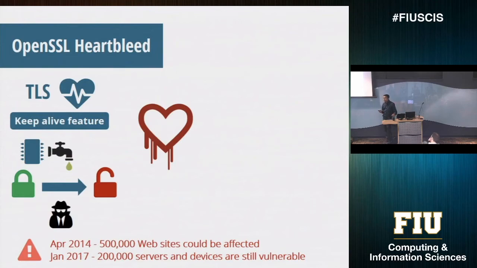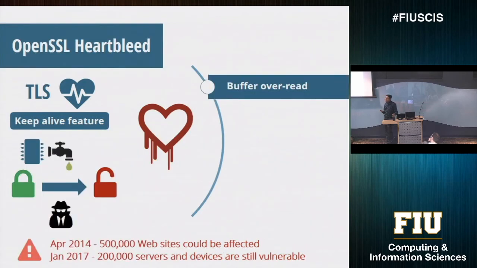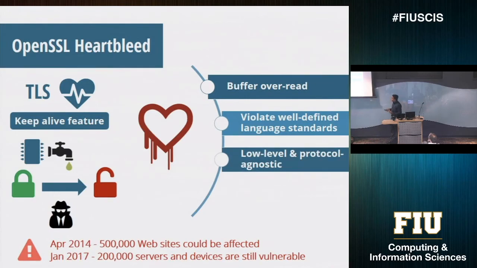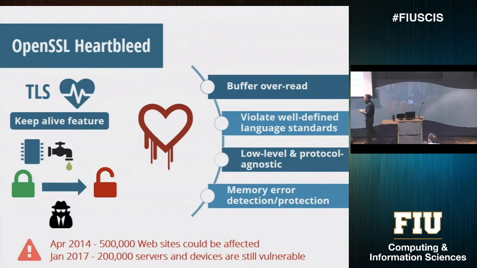If we take a closer look at this bug, it's essentially a buffer overread vulnerability. It violates well-defined language standards, and it is low-level and protocol agnostic. Therefore, you can defend against this kind of bug using some kind of memory protection or memory detection technique.